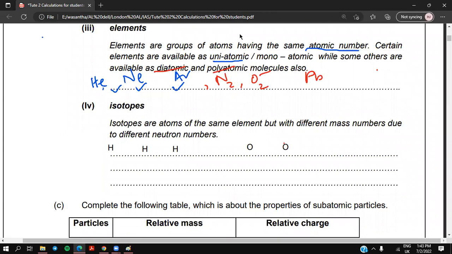Isotopes are atoms of the same element, but with different mass numbers due to different neutron numbers. Hydrogen atoms are shown like this. Atomic number.